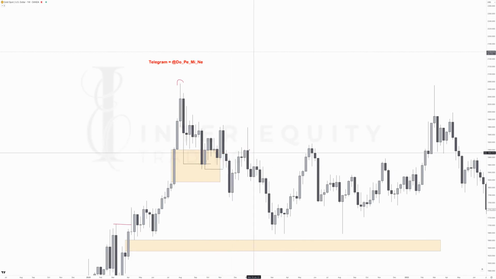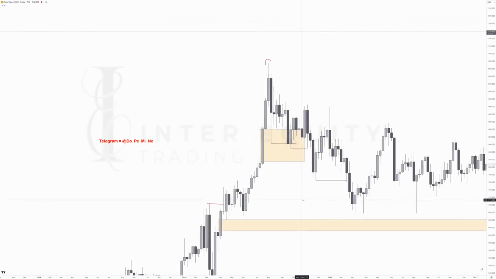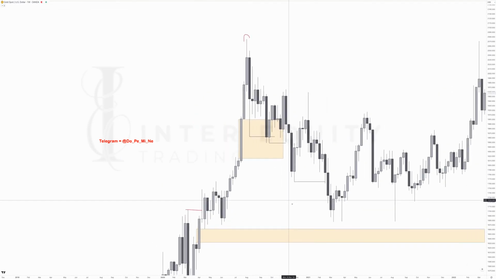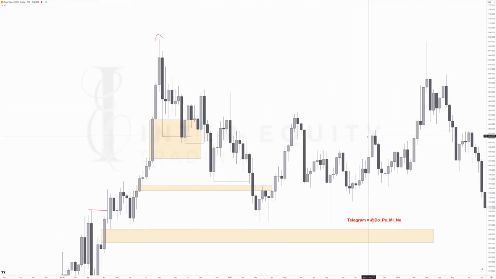And then pulled back, and then another break of structure, and yeah, all the way until these areas, okay? So price actually came to fill this imbalance first, this one right here, and then moved away, okay?